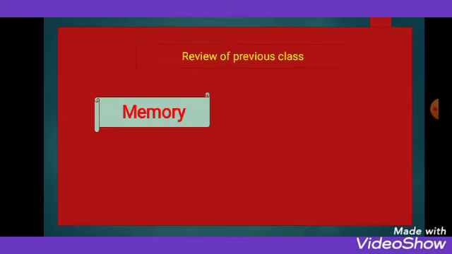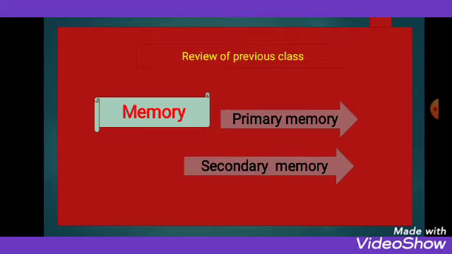Now I want to talk about the previous class. In the previous class we talked about memory. Can you remember how many types of memory there are? Yes, there are 2 types of memory. Number 1 primary memory and number 2 secondary memory. In primary memory we learned about RAM and ROM, that is random access memory and read-only memory.